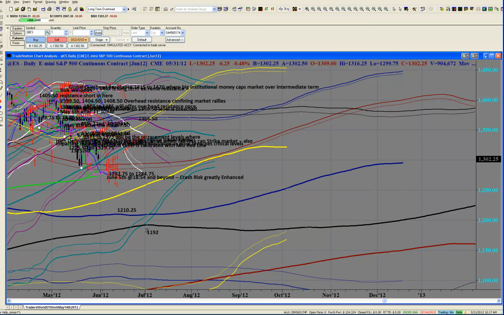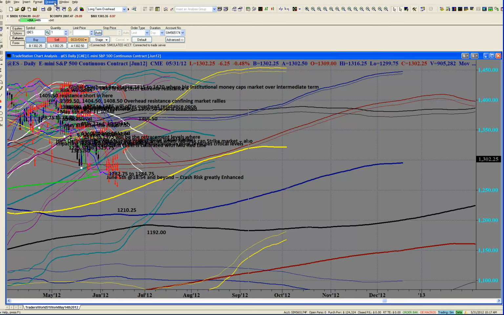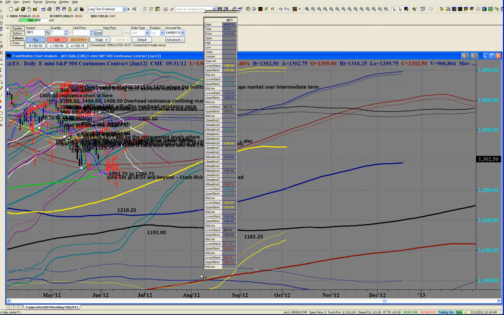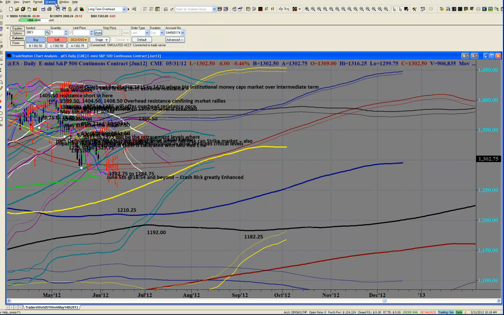So actually 1192 area. Okay, and the lower part of this point is basically at the 1182.25 area. Okay, and what I'm saying is that if we get a daily bar completely underneath this zone over here, then there's gap risk again down to the 1122.25 to the 1099.75.